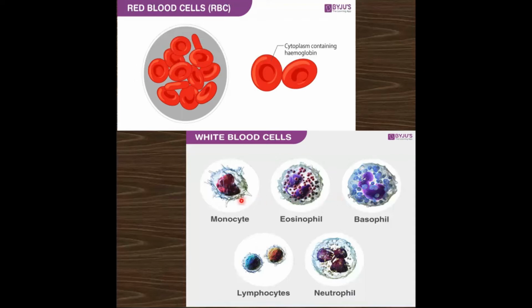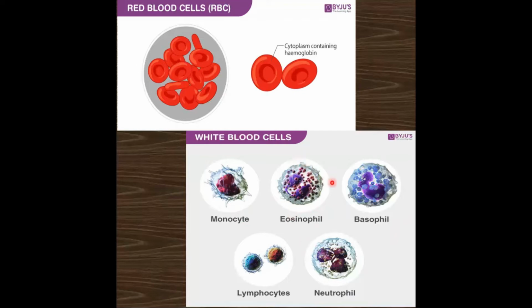We can see here that monocytes and lymphocytes do not contain any granules, so they are agranulocytes, while eosinophil, basophil, and neutrophil contain small granules as shown in the diagram.